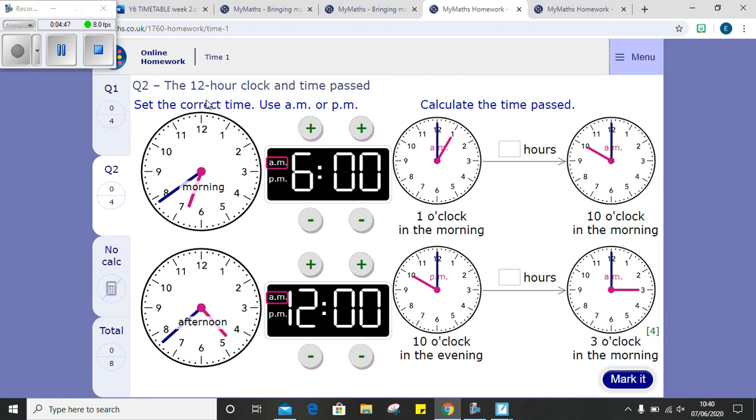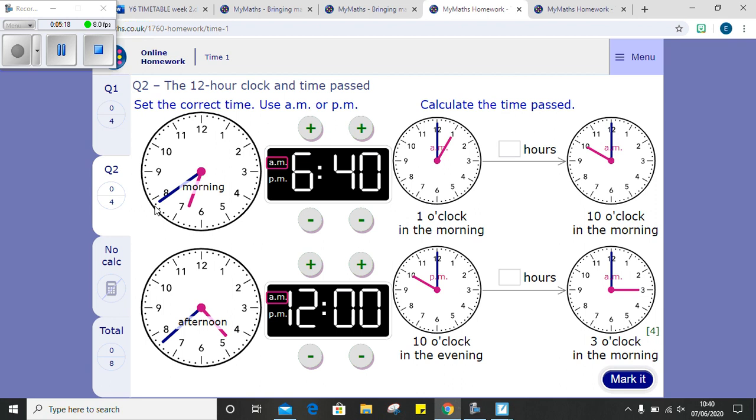Now I'm looking at my minutes, so I'm going to use my closest 5 minutes first. 5, 10, 15, 20, 25, 30, 35, 40, 45. Oh, 40. Count properly. 5, 10, 15, 20, 25, 30, 35, 40.